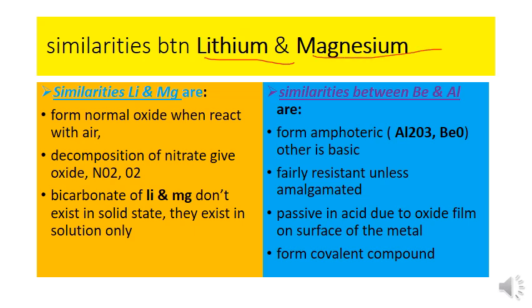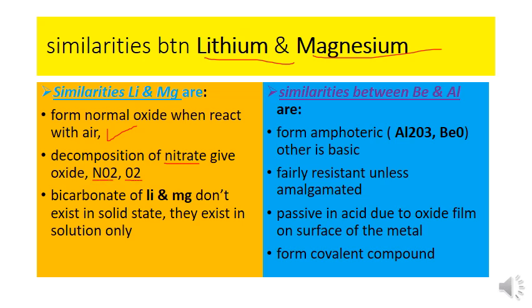Here they form a normal oxide when they react with air. On decomposition of the nitrate, for example lithium nitrate or magnesium nitrate, it gives lithium oxide, nitrogen dioxide and oxygen.